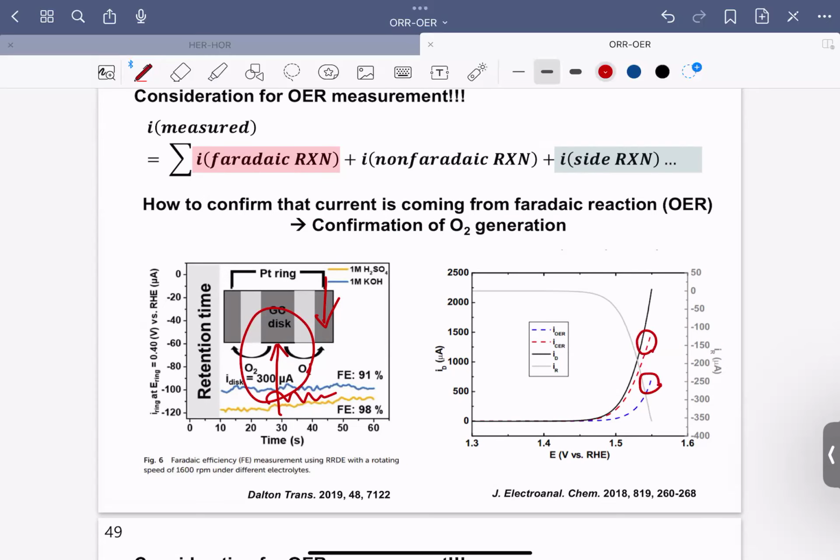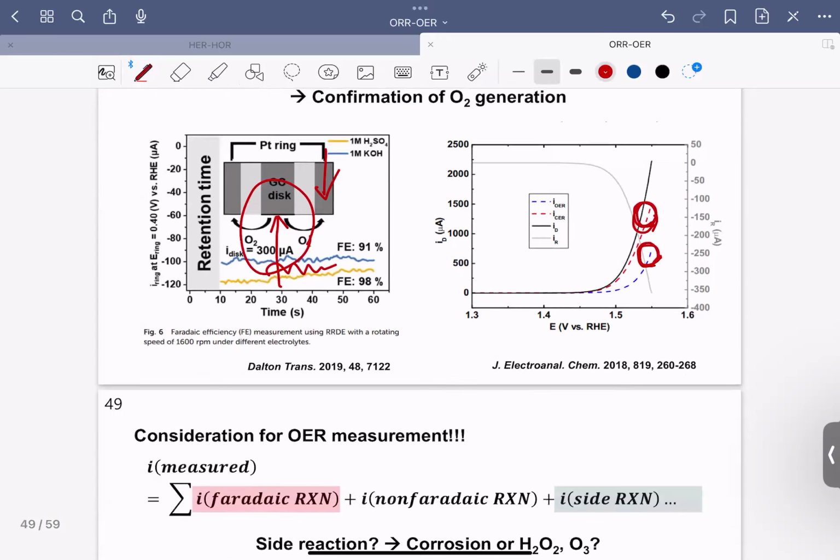I'm sorry, the different way: the lead one shows the CER. So you can see how much OER and CER is evolved during the reaction condition. So the electrochemical method can also be utilized to quantify the side reaction when you measure the oxygen evolution reaction.